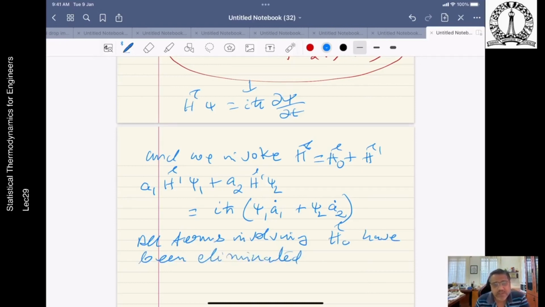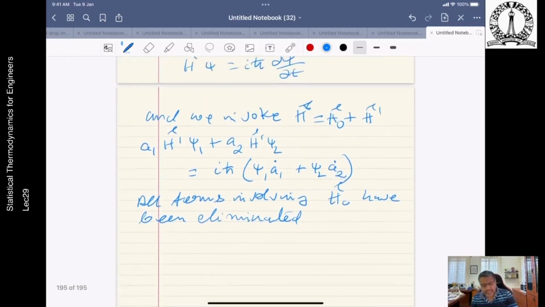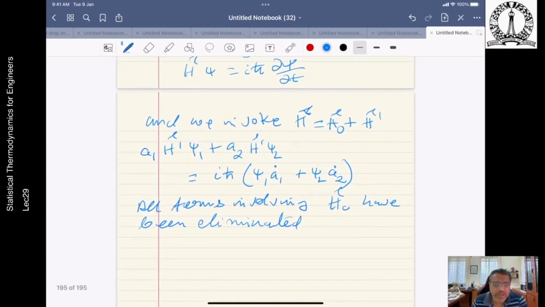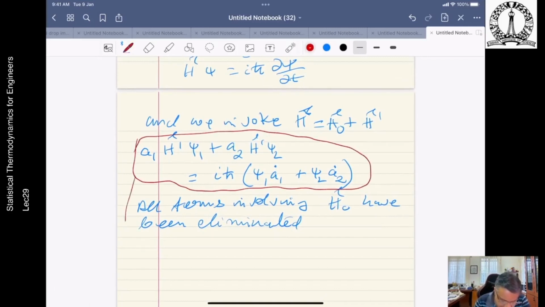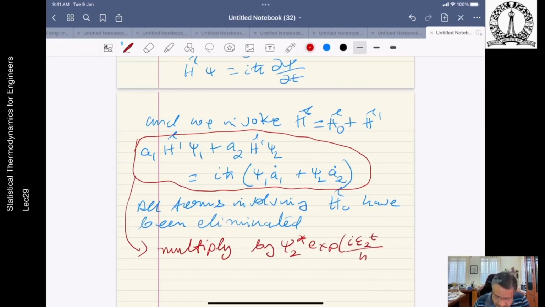Now what happens is that we multiply this equation by chi2 star exponential i into t by h bar.